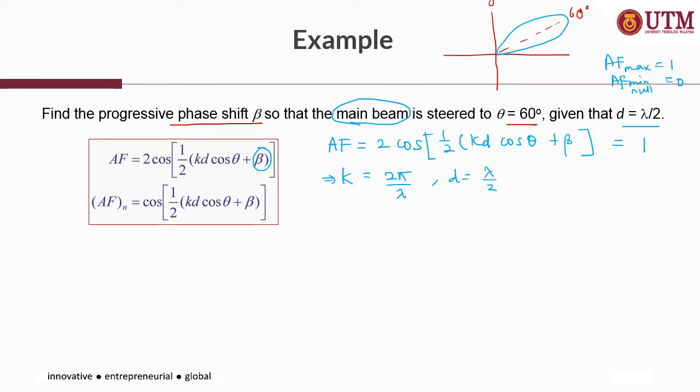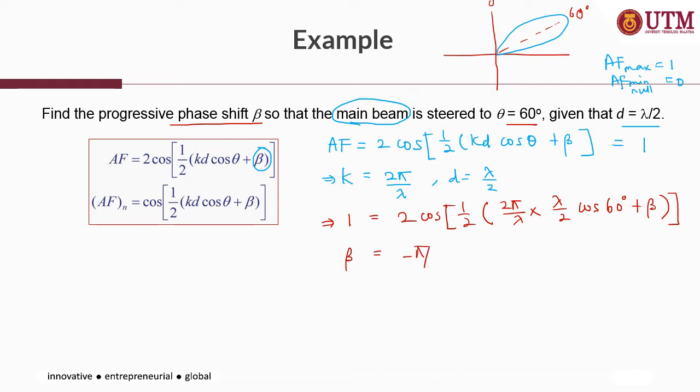So again, AF equals 1 equals 2 cos of 1 over 2, k is 2 pi over lambda multiplied by lambda over 2, times cos 60 degrees plus beta. From here you can calculate your beta. So beta equals negative pi over 2.